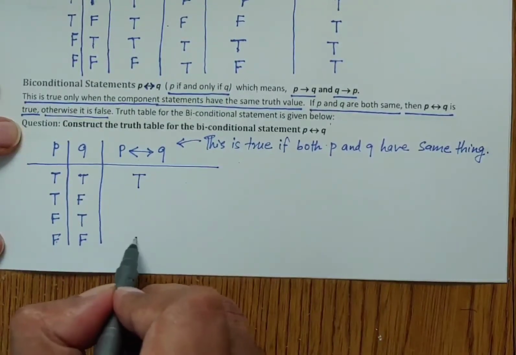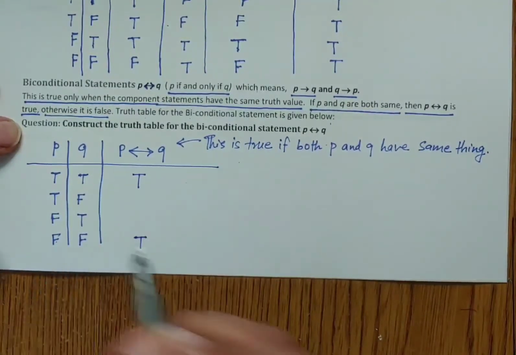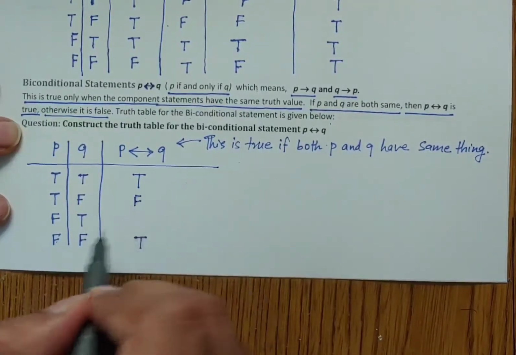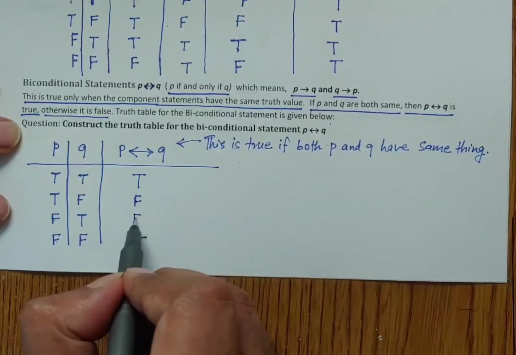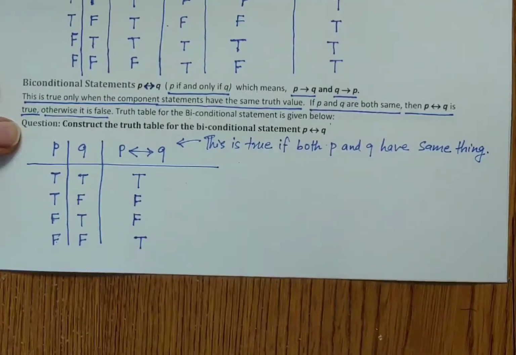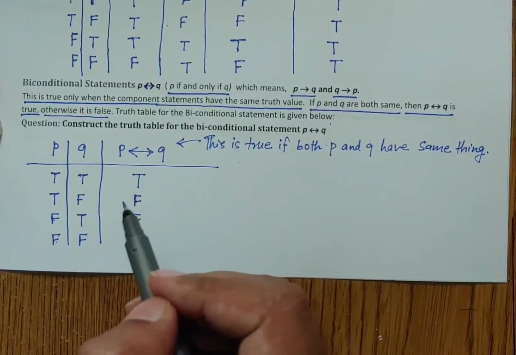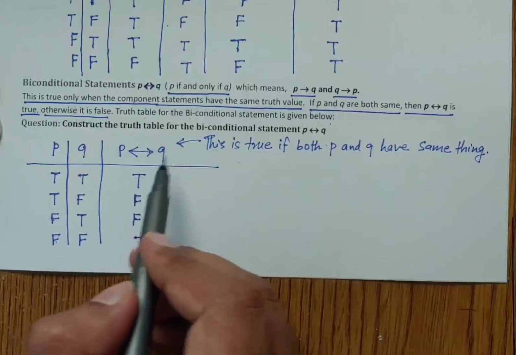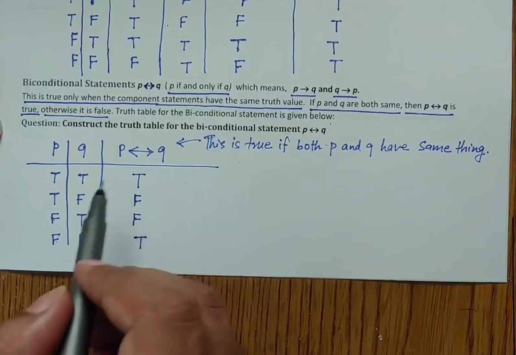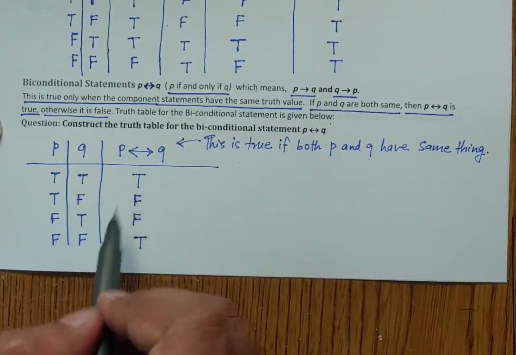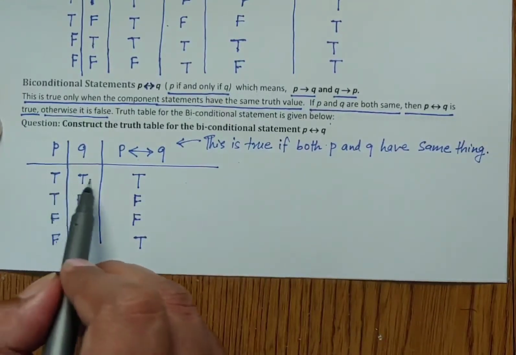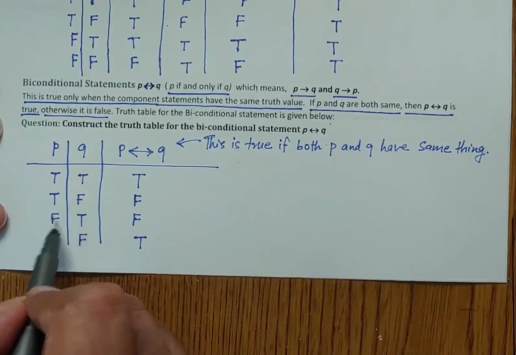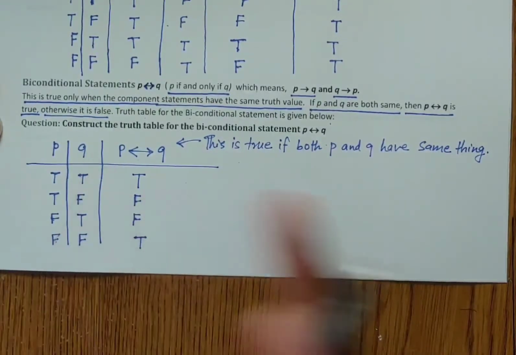False, false, true, because they are the same thing. True, false, false. False, true, false. So this is the truth table for the double implication biconditional statement. If they have the same thing, true. If they have a different thing, then it is false.